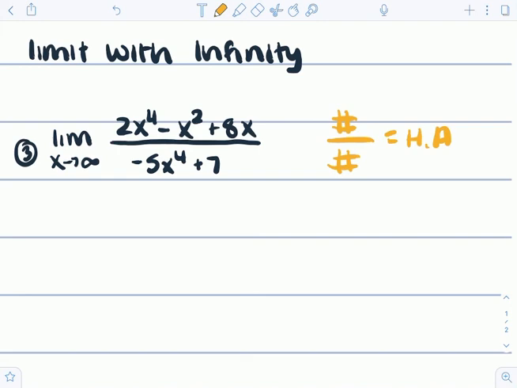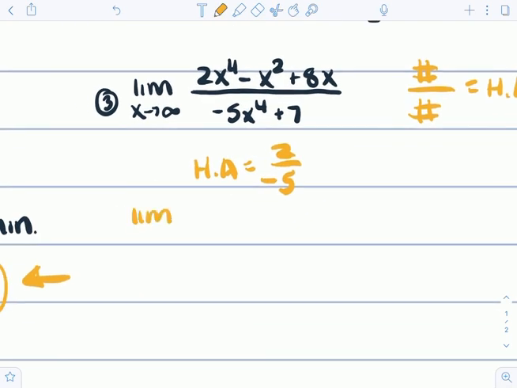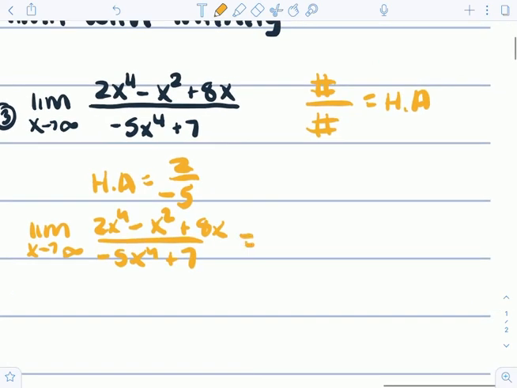Since they both have the same power, the horizontal asymptote equals 2 over negative 5. To write it out all fancy, we can do limit as x approaches infinity of 2x to the power 4 minus x squared plus 8x over negative 5x to the power 4 plus 7 equals 2 over negative 5.